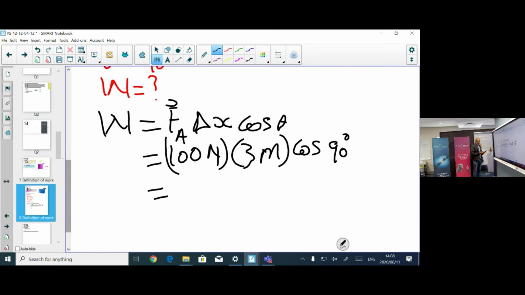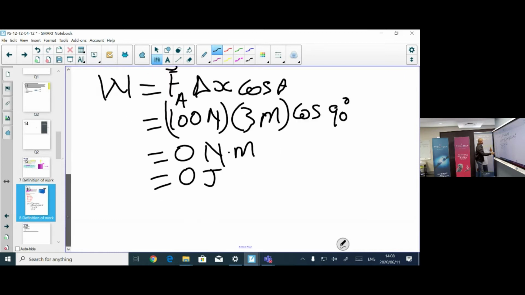That is 100 multiplied by 3 multiplied by cos 90, which is equal to 0 Newton meter, which is equal to 0 joules. I hope we are still together.